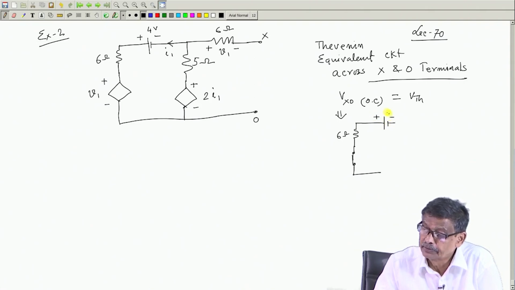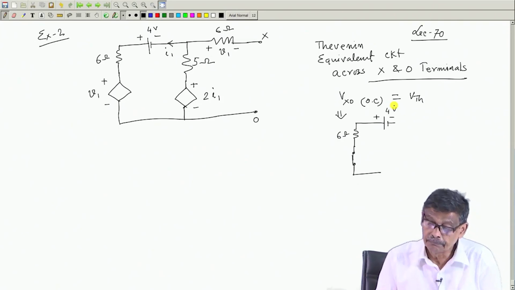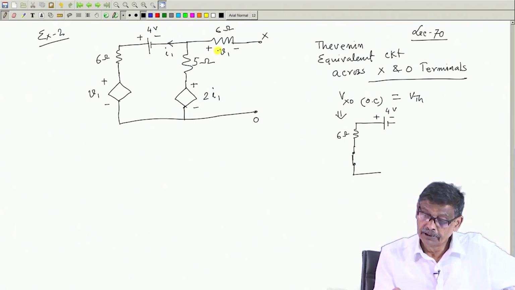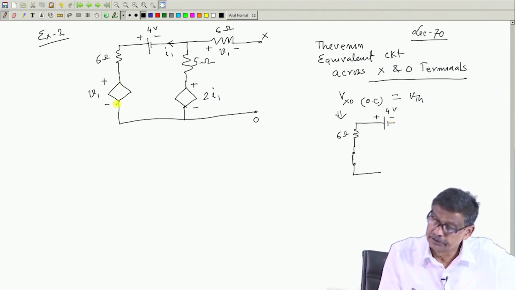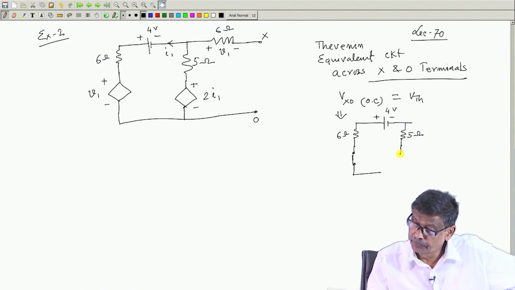It is an independent source, so it will remain 4 volt. V 1 is 0, meaning 0 voltage between these 2 points, and here is the 5 ohm, and of course, the currents will be there.